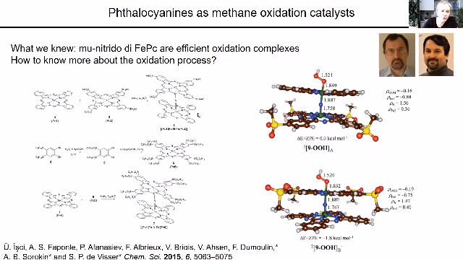And when we started to work on this specific work, we knew that the mu-nitrido dimeric iron phthalocyanines are extremely efficient oxidation complexes, that they can oxidize methane at room temperature, but we were still missing some data about the oxidation process and mechanism itself.